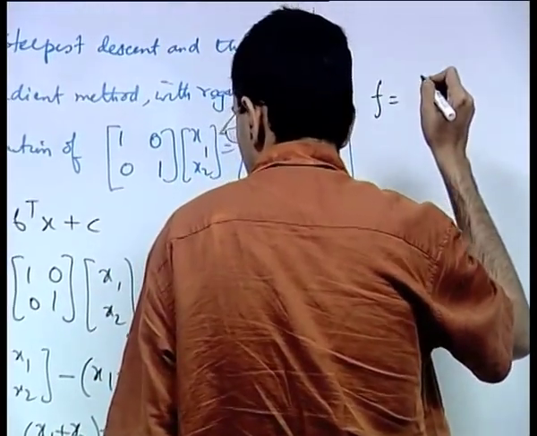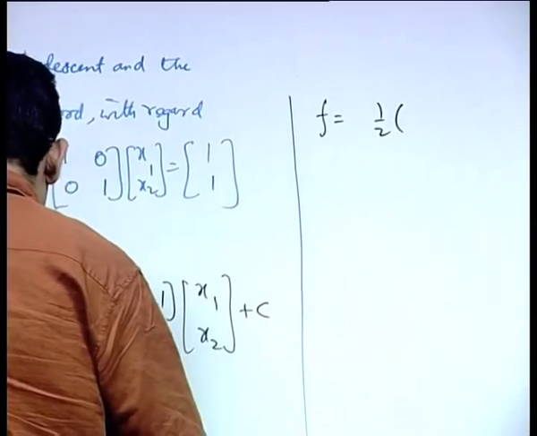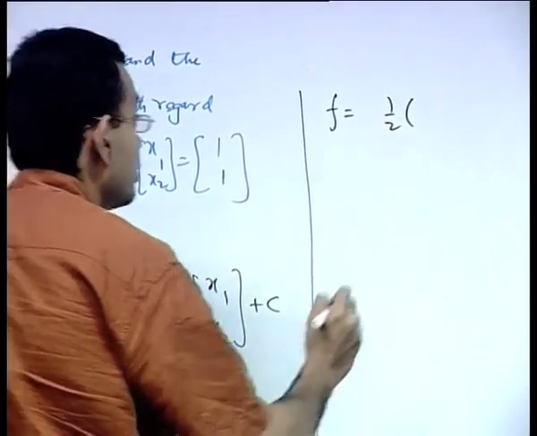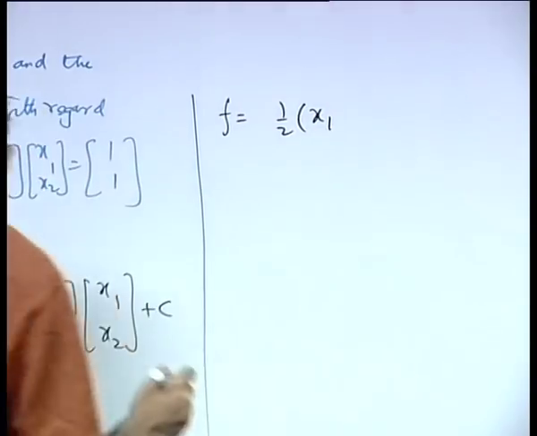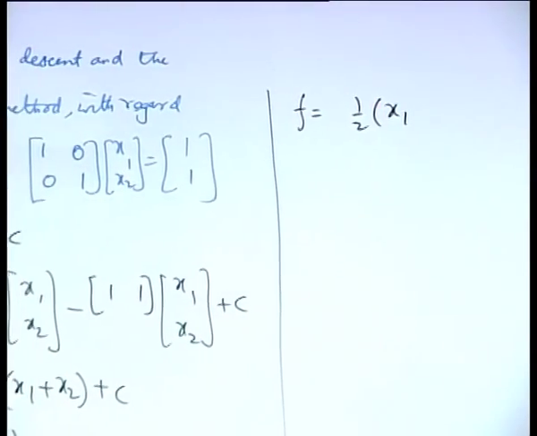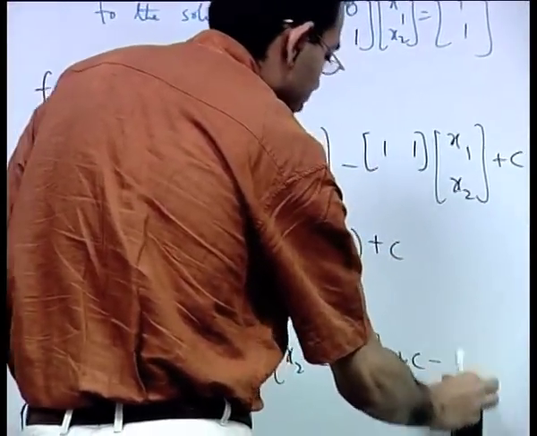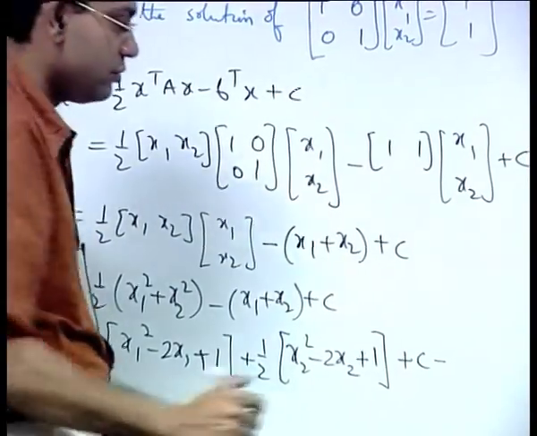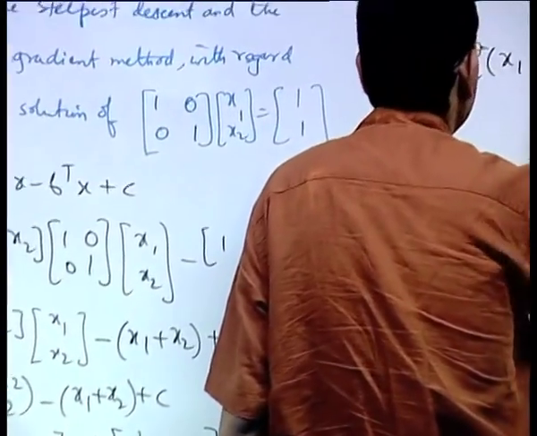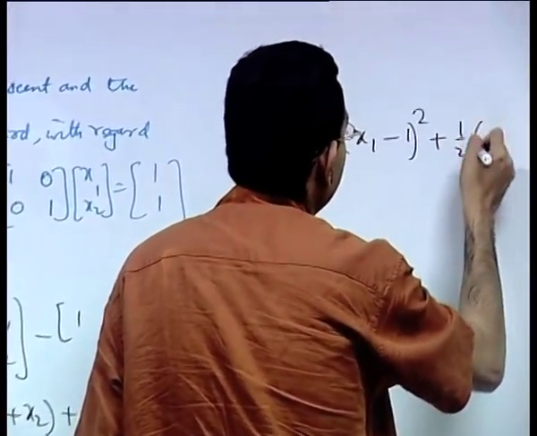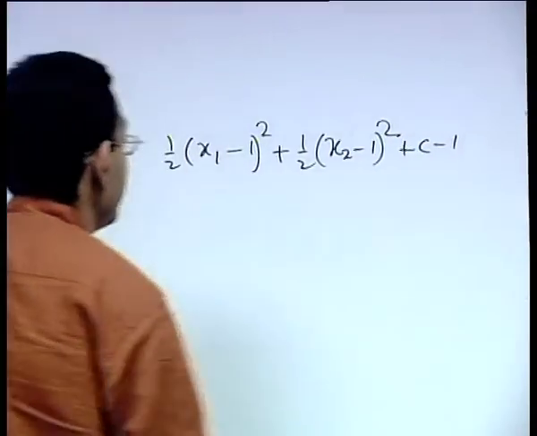So f is equal to half into, okay, there is one adjustment of minus 2, plus c minus 2. So half plus half, 1, sorry, yes, so minus 1. So half of x1 minus 1 whole square plus half of x2 minus 1 whole square plus c minus 1.